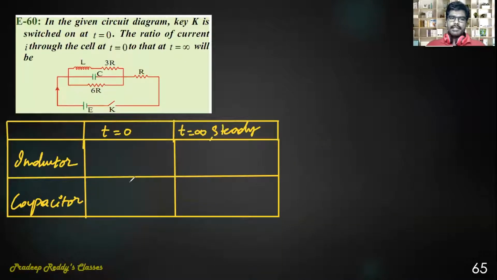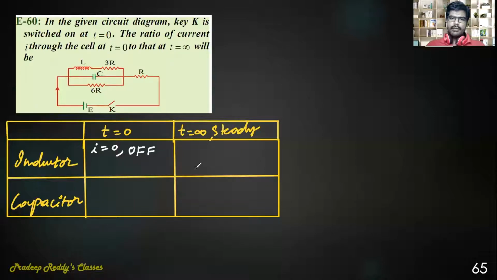At time t equal to 0, the inductor current I will be equal to 0. Therefore, it looks like a switch off. There will be no current flowing through the inductor at t equal to 0.